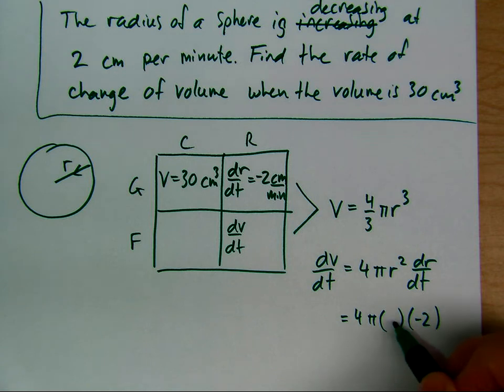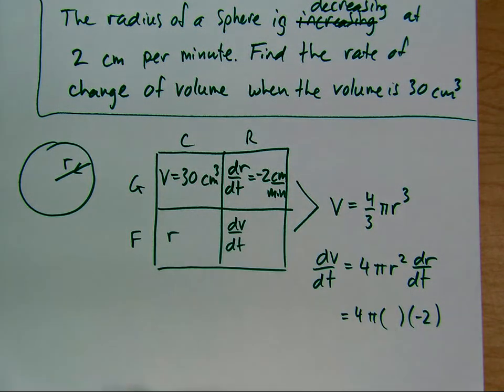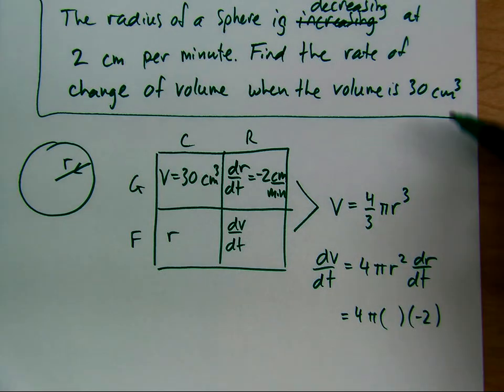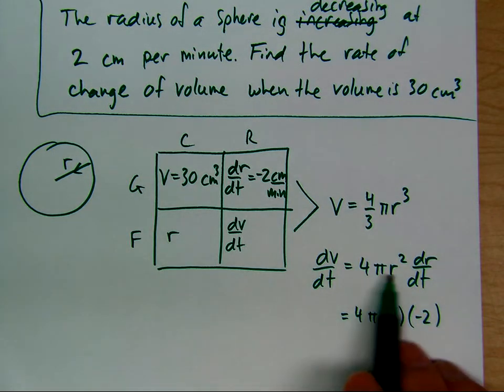We don't know r, but we can go back and find it. And so when you see one of these problems that you eventually have to find something, you're just going to figure that out down here.